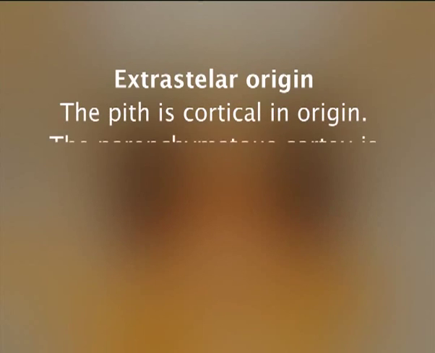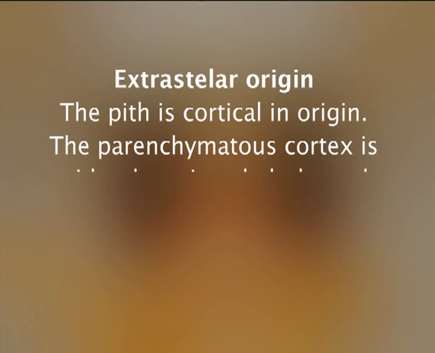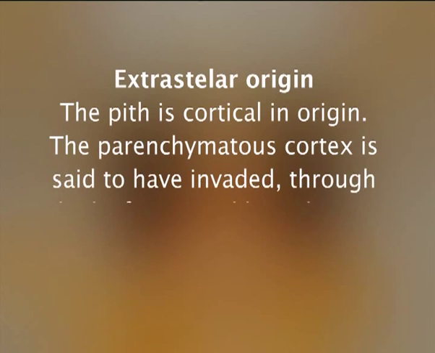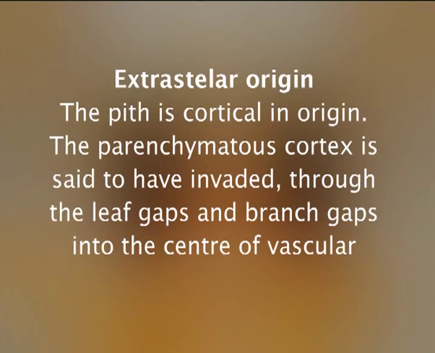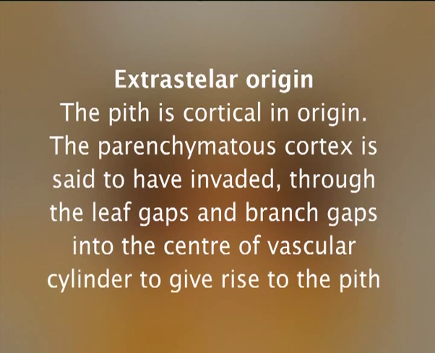According to the extrastelar origin of pith, or invasion theory, the pith is cortical in origin. The parenchymatous cortex is said to have invaded through the leaf gaps and branch gaps into the center of the vascular cylinder to give rise to the pith. But this cortical invasion could not have produced polycyclic siphonostele.